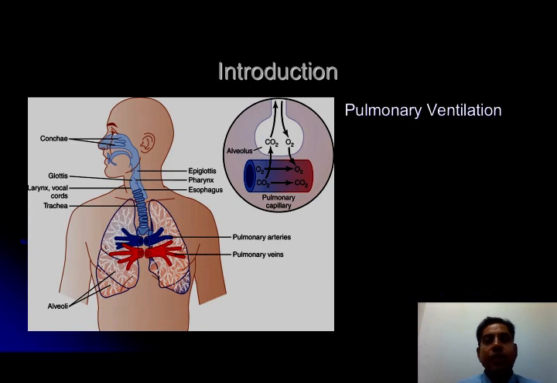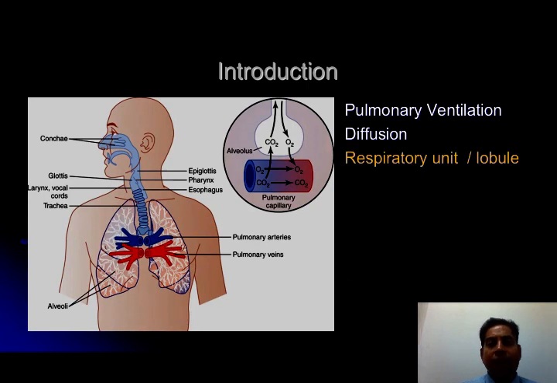So you will basically look at the pulmonary ventilation. It will involve the breathing in or the taking in of the gases, oxygen, breathing out of the carbon dioxide, and how this diffusion occurs across the respiratory membrane.